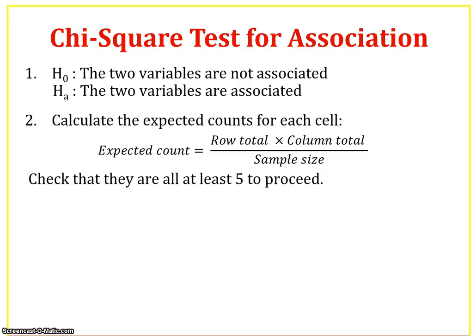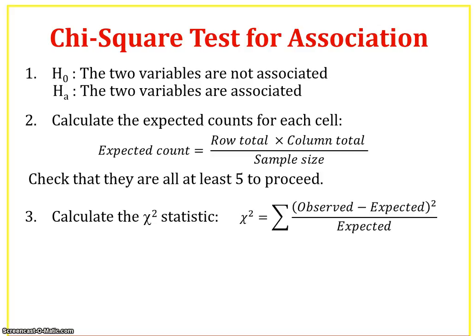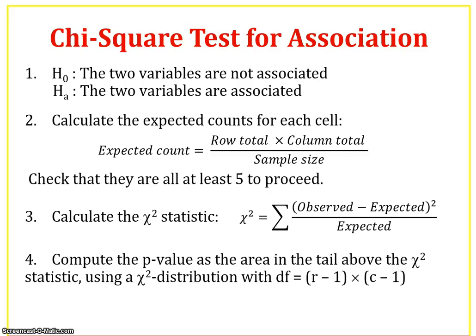We have to check and make sure they're all at least 5, otherwise we shouldn't be using the test. Once we've got our expected cell counts, we'll use them with the observed data to calculate the chi-square test statistic. We'll compute the p-value as the area in the right tail above the chi-square test statistic. And then we'll interpret the p-value and draw a conclusion.